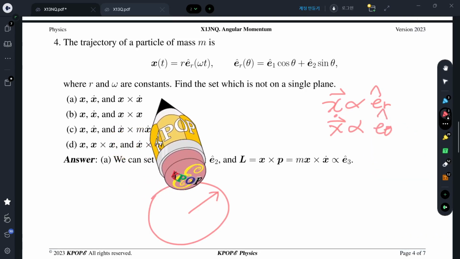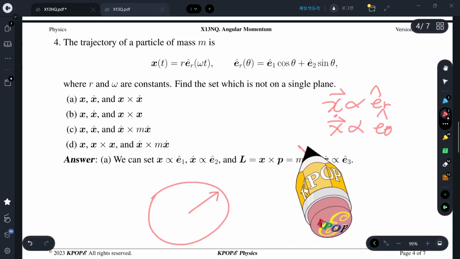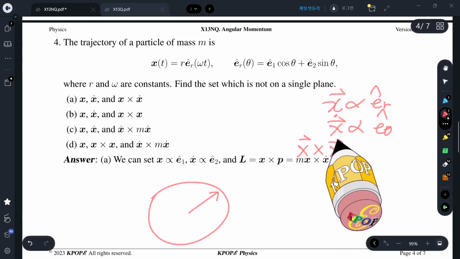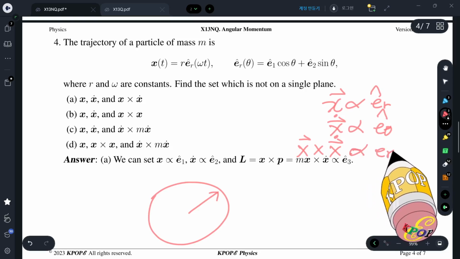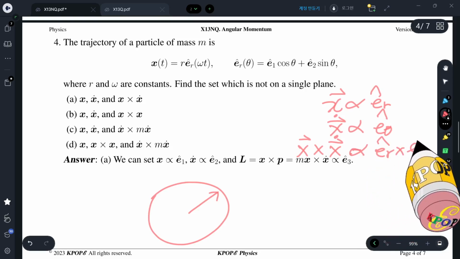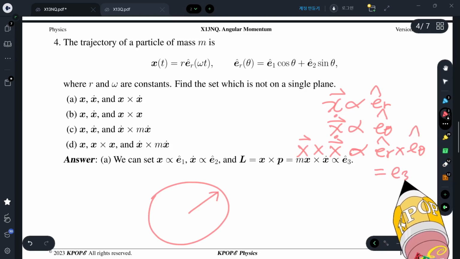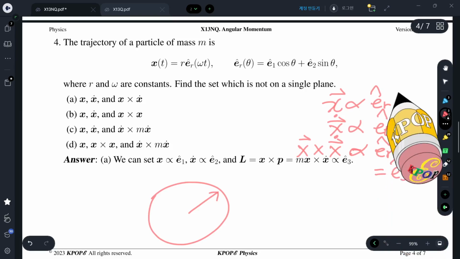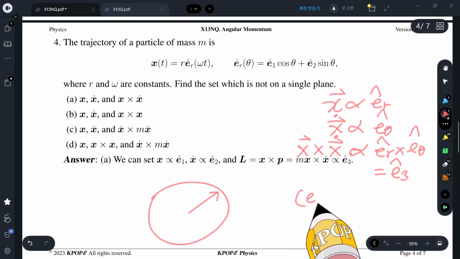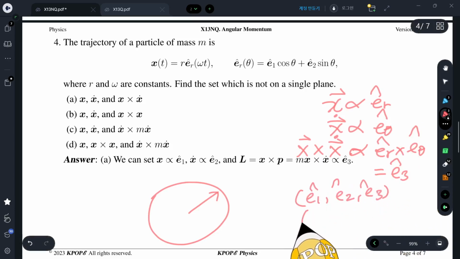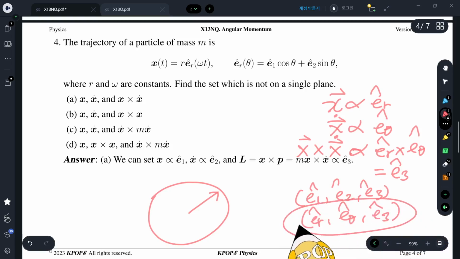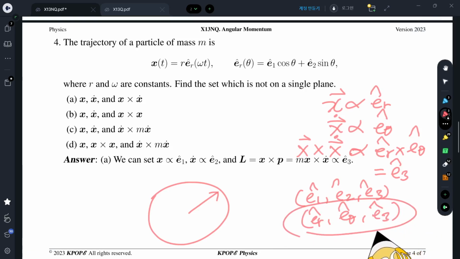And X cross V, X cross velocity, is proportional to R theta. We know that this is E3 hat. So ER, E theta, and E3, they are orthogonal to one another.